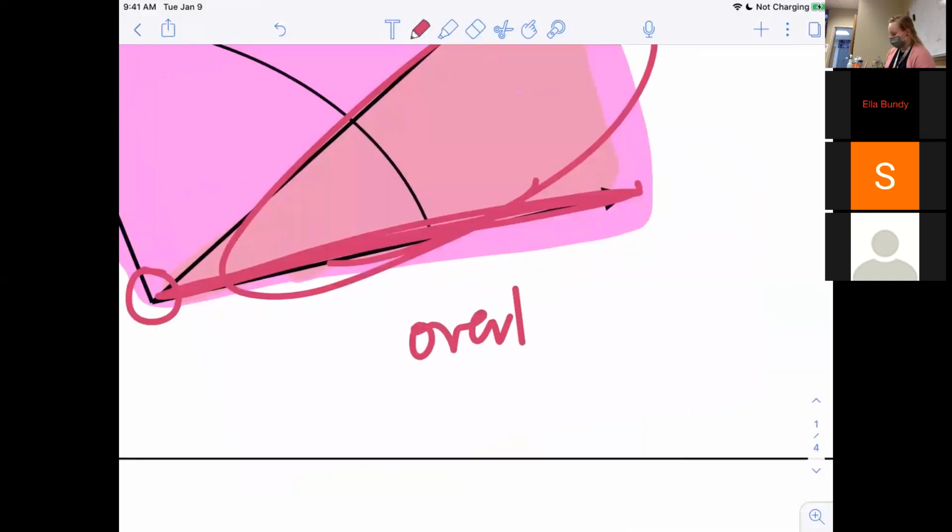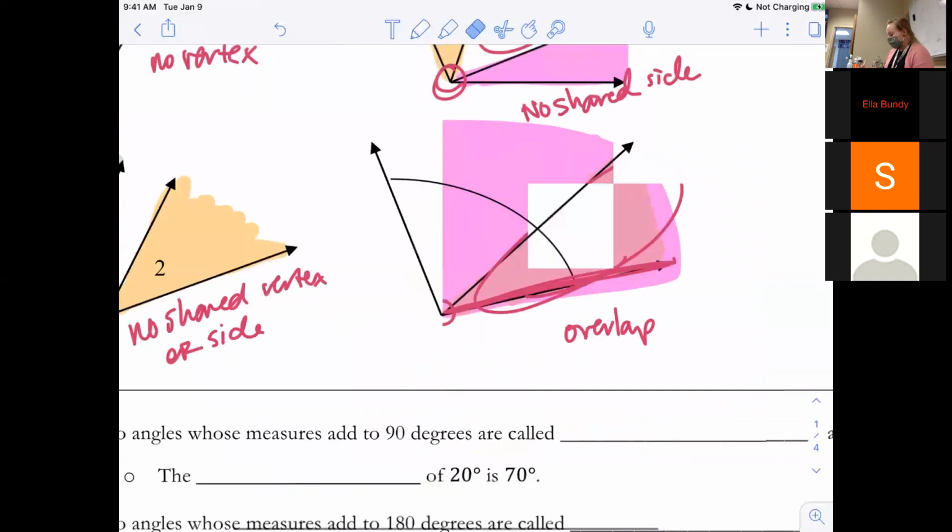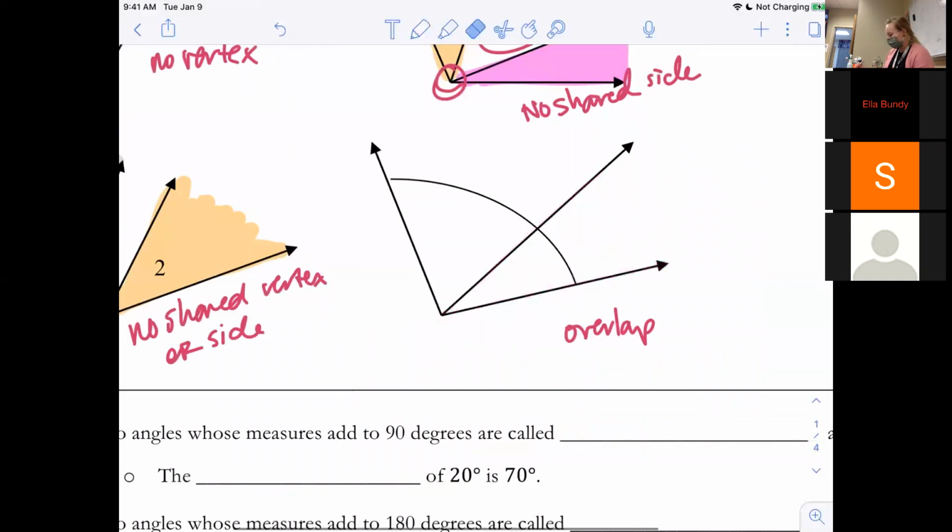Lydia, question? Why did only the pink go with the green and not the green go? The green could have gone over. I could have drawn other angles. That was just the two I decided to highlight in this one. And we could have made angles that were adjacent in here, right? If I didn't color all of it, I could have just done the pink right here, and I could have done the green over here.